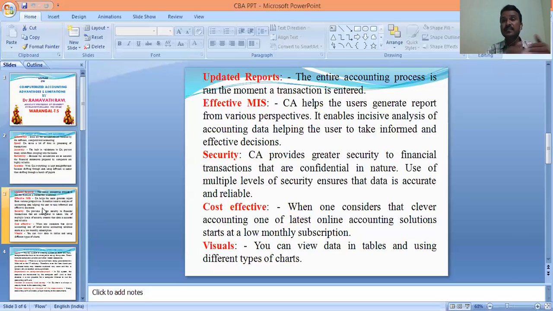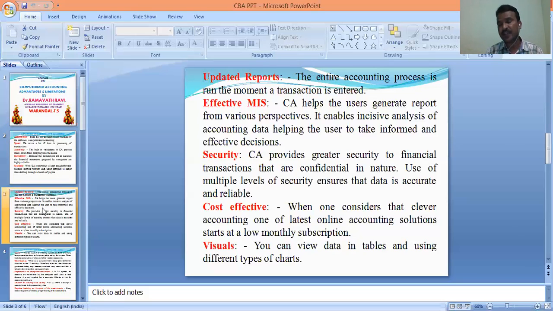So this different level of security mechanism is provided in the computerized accounting system using multiple levels, so it will be a secure financial transaction. That is one of the advantages.